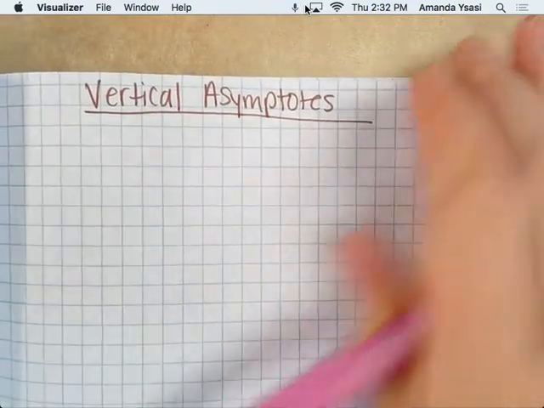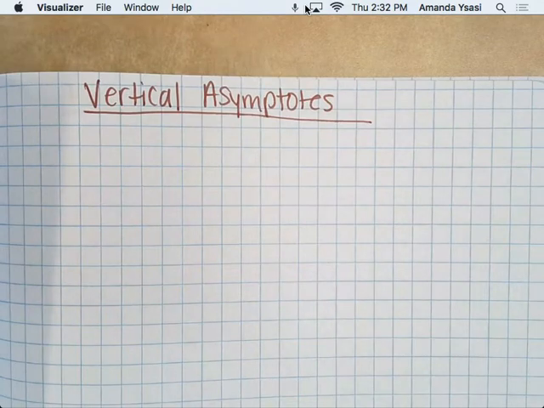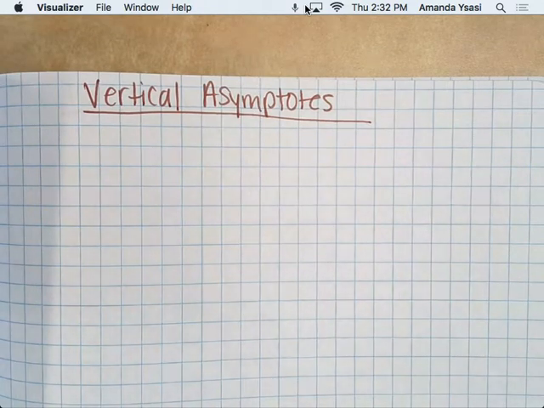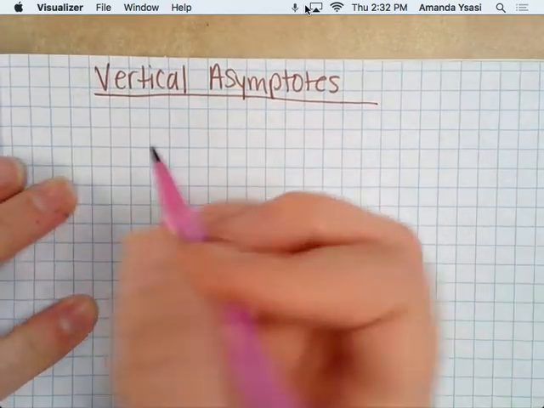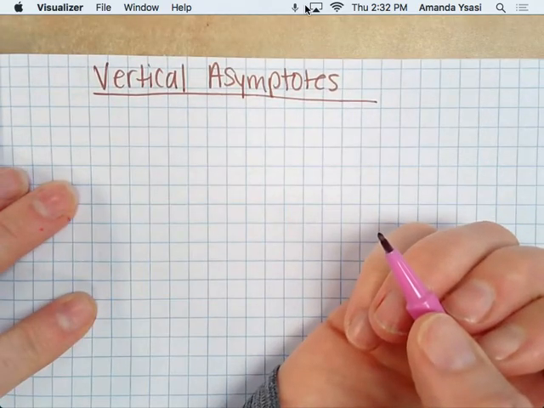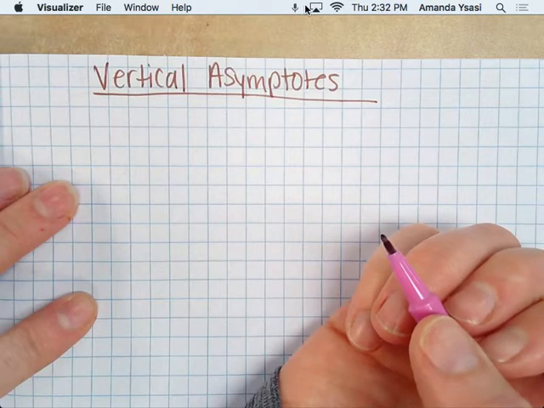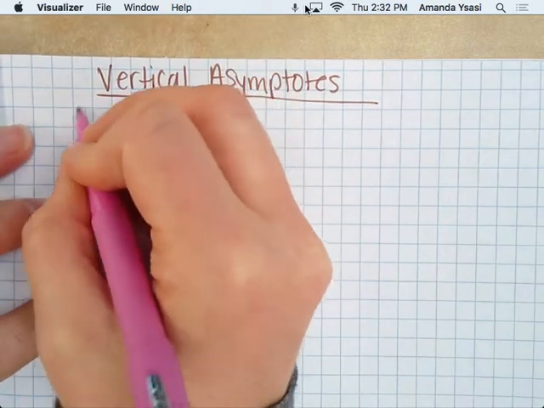Okay, let's talk about vertical asymptotes. So we are going to look at the denominator.